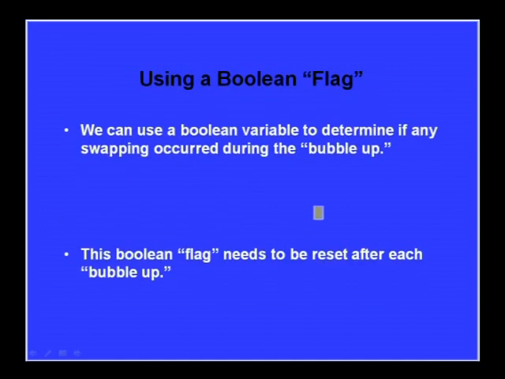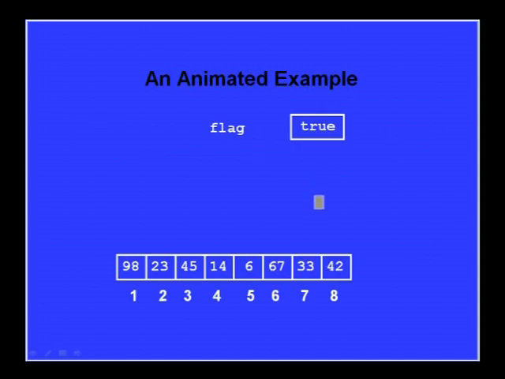So, we are going to make use of a boolean flag variable, where we are going to set this flag variable either to a 0 or 1, and then on making comparisons, if we have not swapped any element in a particular pass or iteration, then we are going to set this flag to 1. So, earlier if we have taken it as 0, we will be making it a 1 right now.